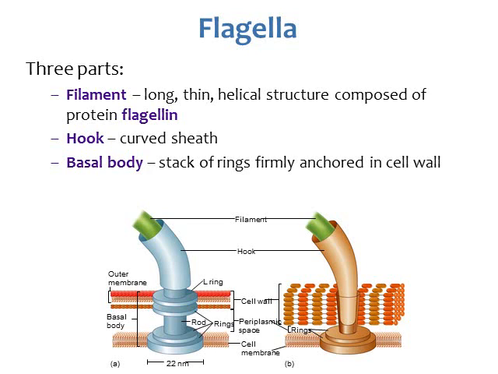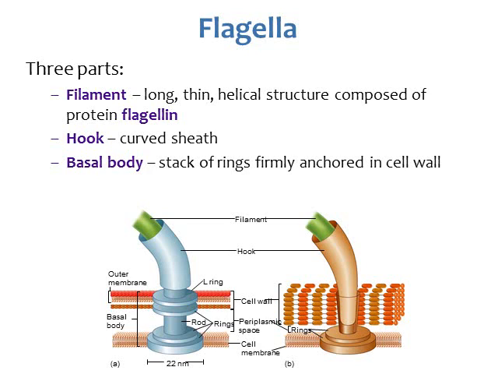So the flagella is made up of three parts. You have the filament part of the flagella. This is a really long, thin helical structure. It's composed of a protein called flagellin. The filament part is the long part that actually helps the cell move.